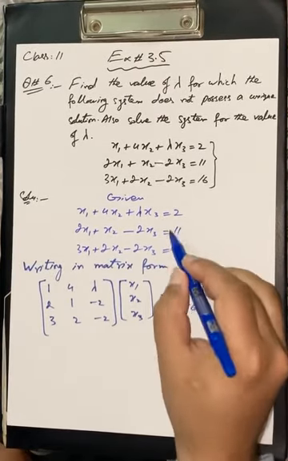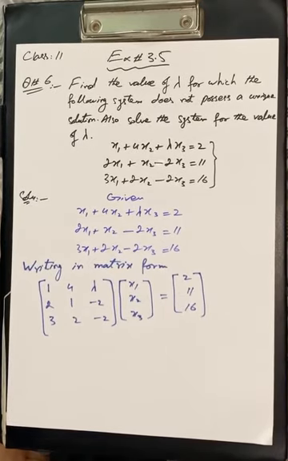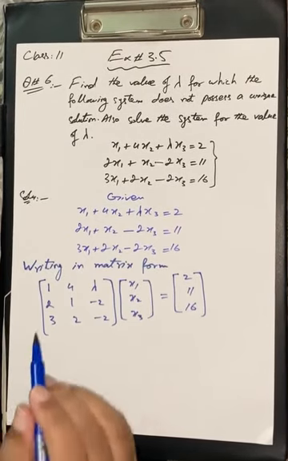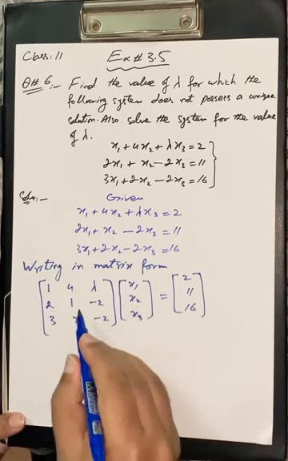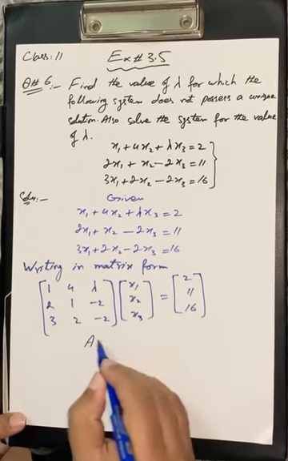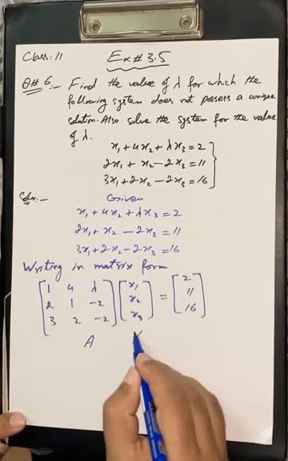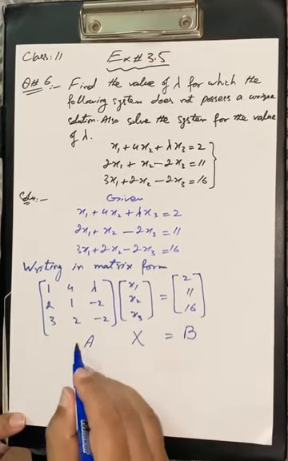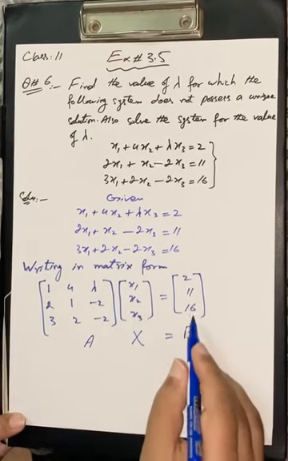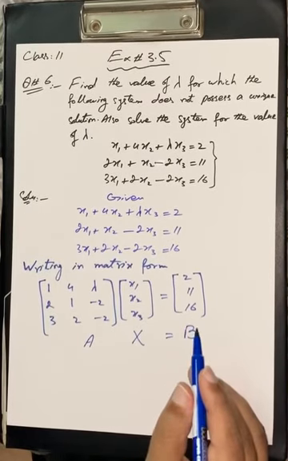If after equal we have 0, the system is called homogeneous, as we studied in question number 4 and question number 5. So now, writing the system in matrix form, this is my matrix A, this is the value of X, and this is the value of B, 2, 11, 16.